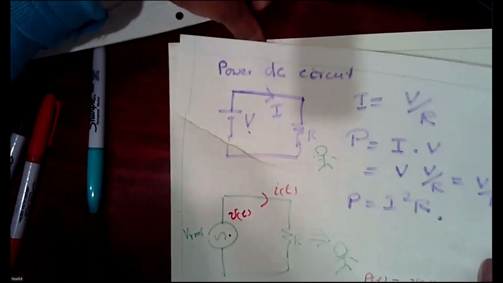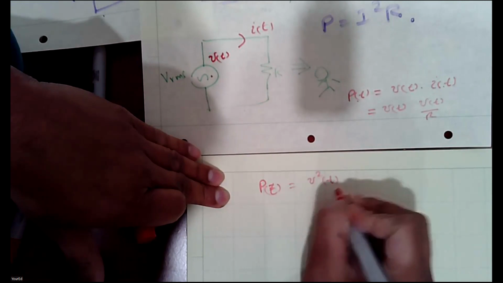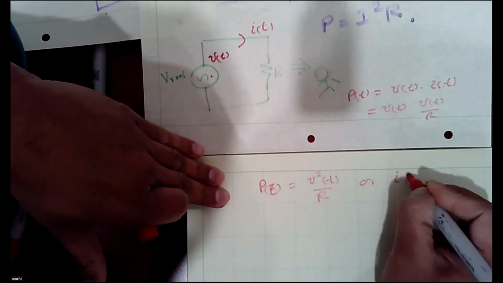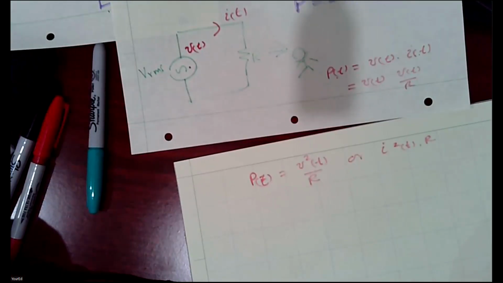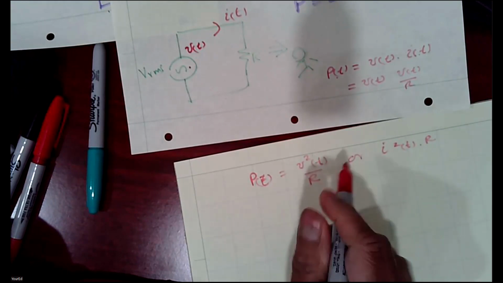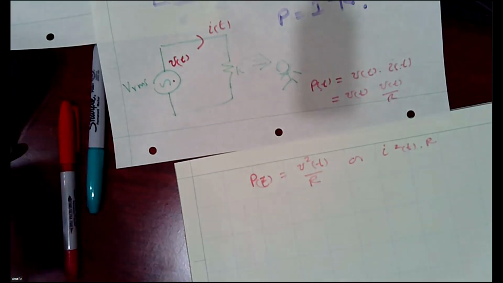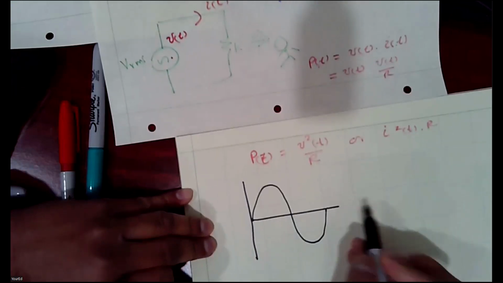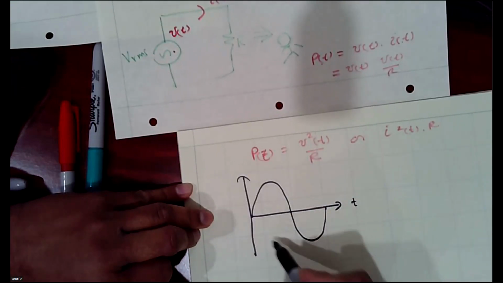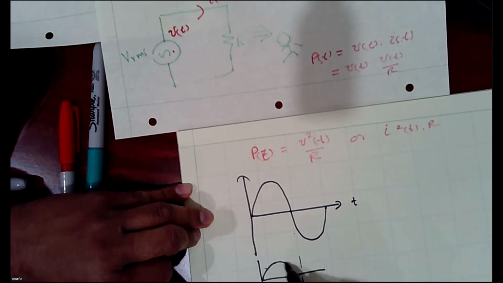So I can write instantaneous power is V squared t over R, or I squared times R. So this is instantaneous power. What does instantaneous power mean? Instantaneous power represents the power at any given instant, right? Now your voltage is like this. Now this voltage and the current also, this divided by resistance, so it may have a nature like this.